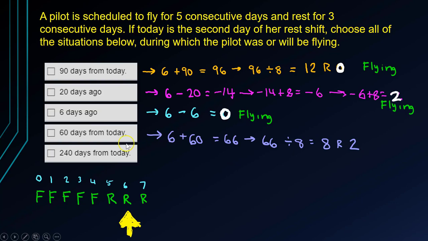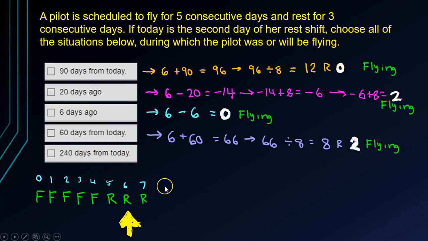So basically, if 60 days go by, I've done 8 full cycles plus 2 more additional days. The 8 full cycles give me back at 6, and the 2 more would get me to this part right here, which corresponds to another flying day.